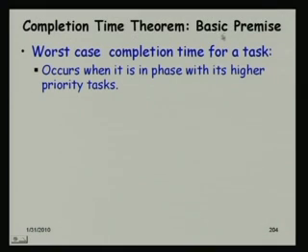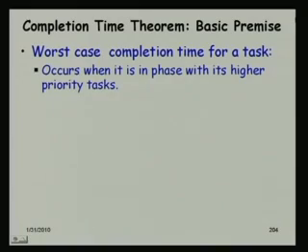The main idea behind this theorem is that for any set of tasks, the worst case, the most likely situation for missing the deadline, occurs when the tasks are in phase with each other. If a lower priority task is out of phase with a higher priority task, then it is likely to get more CPU time, but if it is in phase with a higher priority task, then chances are that it will not meet its deadline.